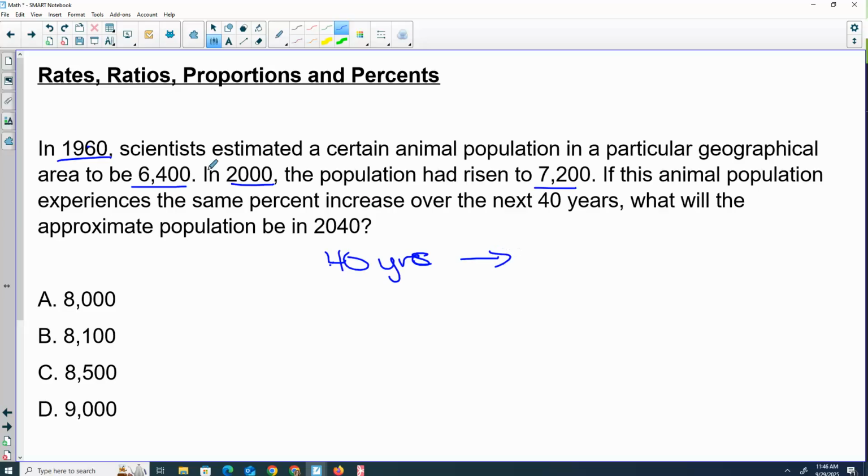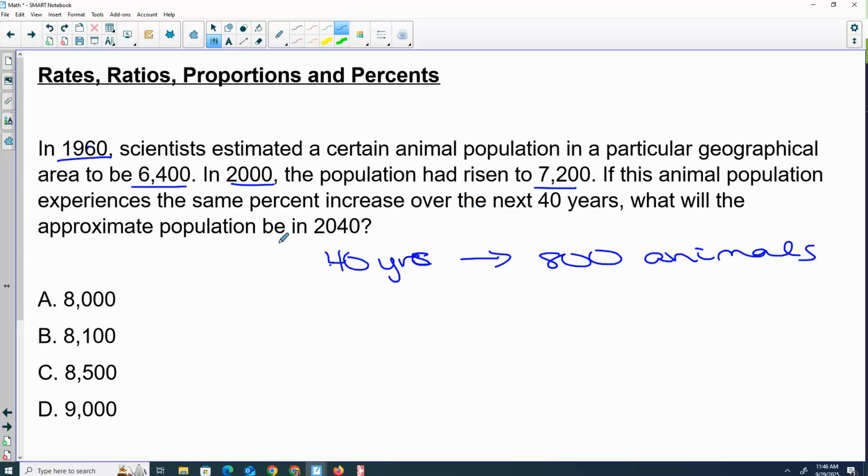And during that time, our population went from 6,400 to 7,200, which we increased then 800 animals. Do we agree with that part?